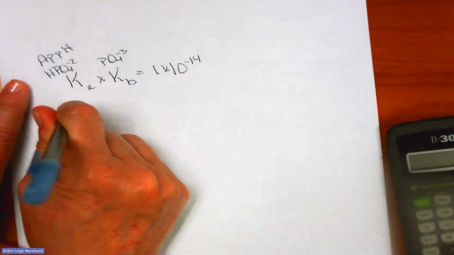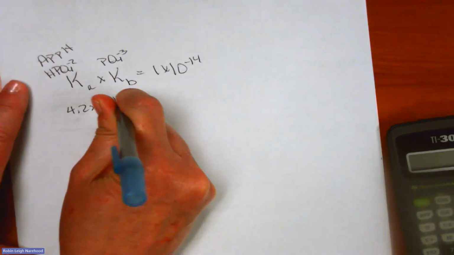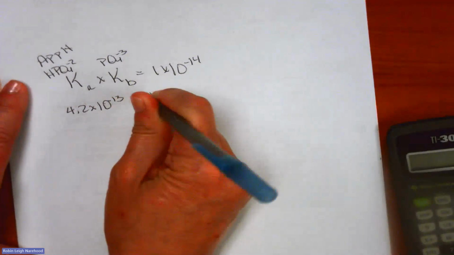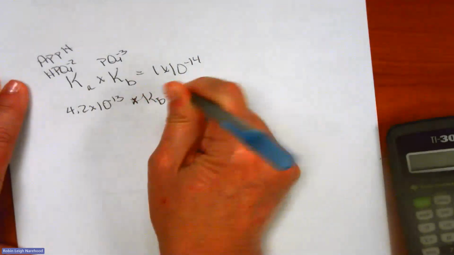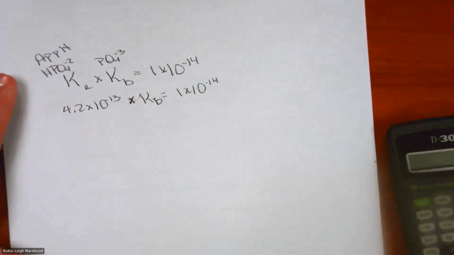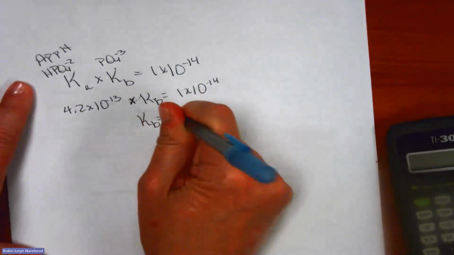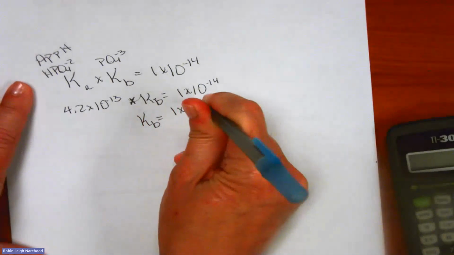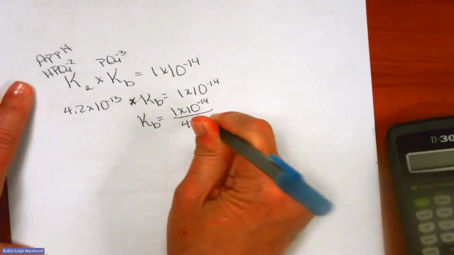So again, it's 4.2 times 10 to the -13, and that times our Kb equals 1 times 10 to the -14. So our Kb is going to be water's constant divided by hydrogen phosphate's constant.